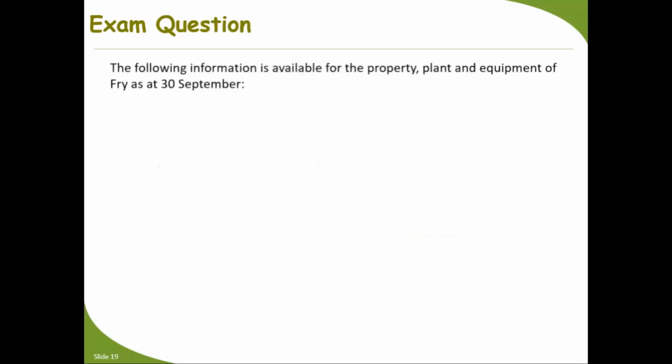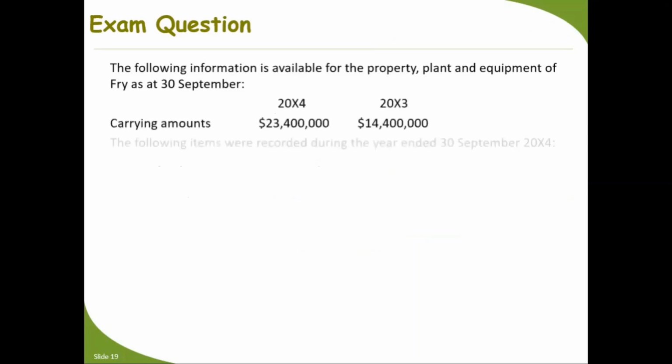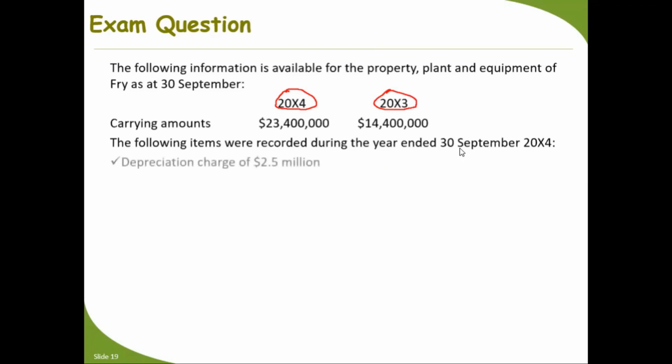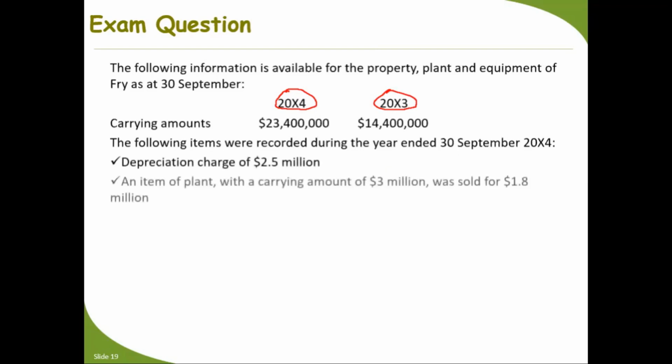First one: the following information is available for the property, plant and equipment of FRI as at 30th September 20x4 and 20x3, carrying value. Now look, this is current year data and this is preceding year data. The following items were recorded during the year ended 30th September 20x4. Depreciation charge of 2.5 million.